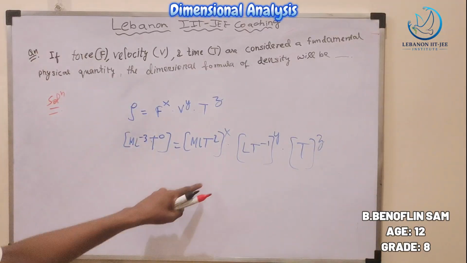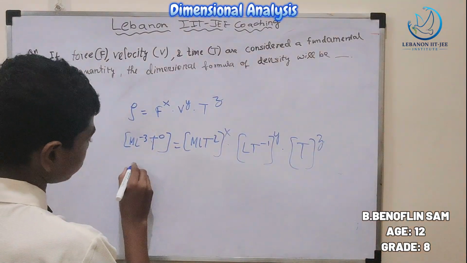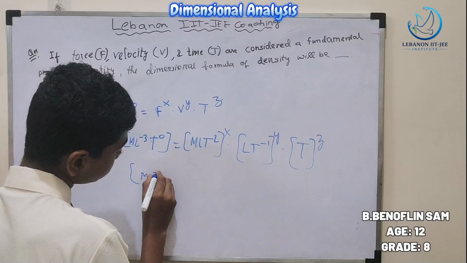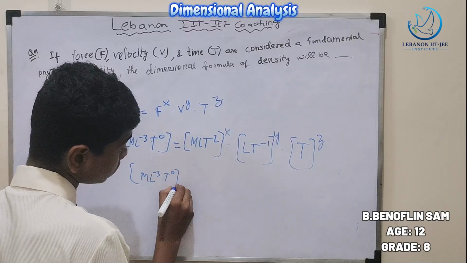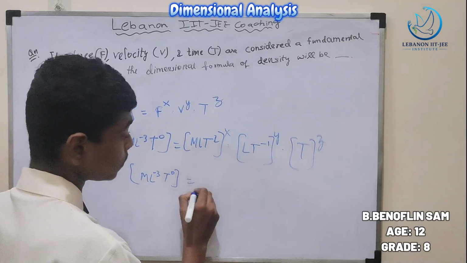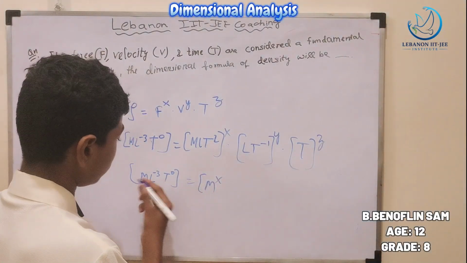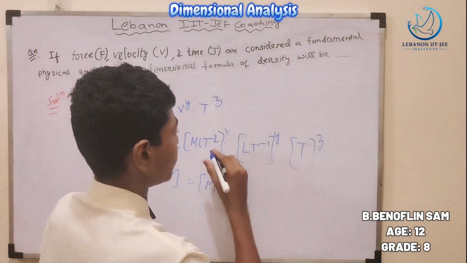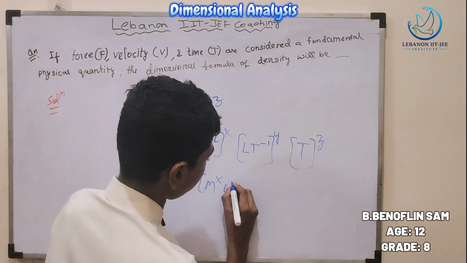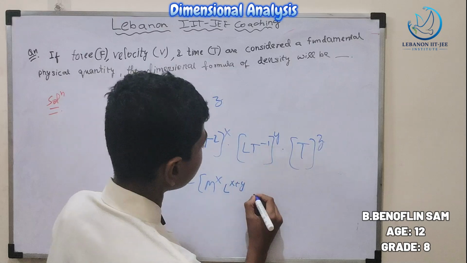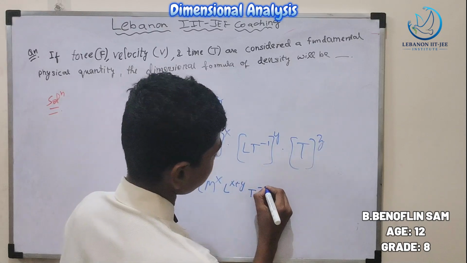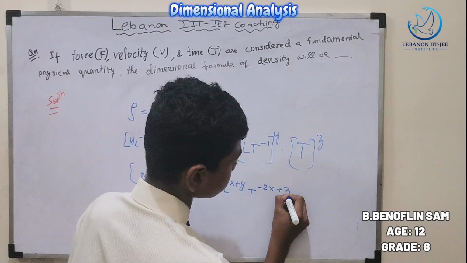Okay, they asked to find this. We'll compare this using this one. So ML to the power minus 3 T to the power 0 is equal to, if we multiply, we get M to the power x only, and L to the power x plus y, and T to the power minus 2x plus z.